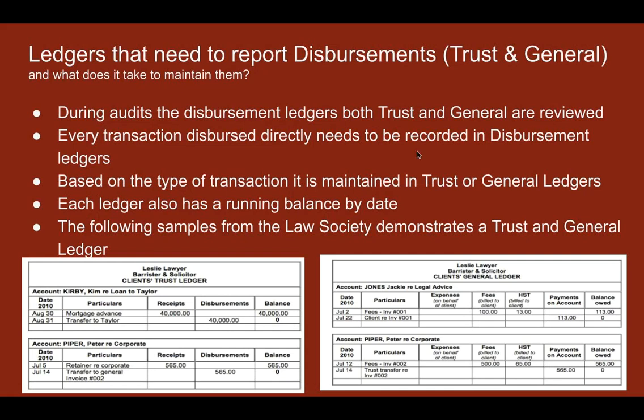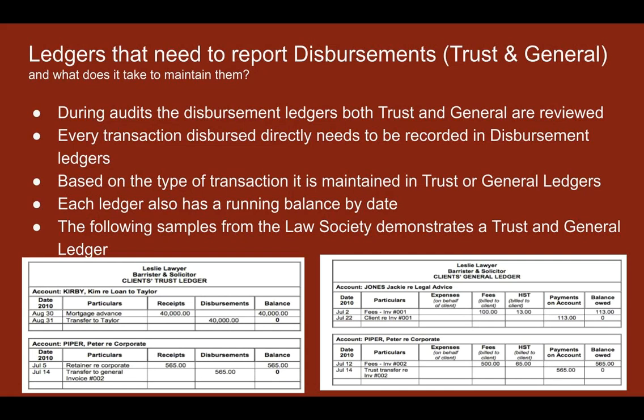As you see here at the bottom of the screen, you're seeing an example of client's trust ledger and client's general ledger. Of course, what happens behind is always captured in reports like these and showcased to you.